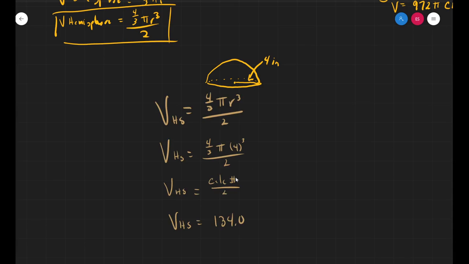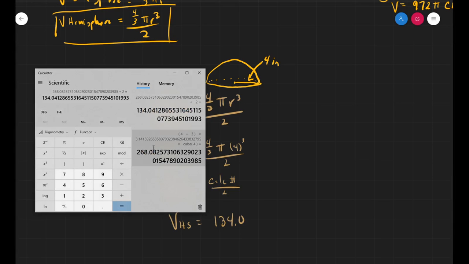Plugging in the things that we know, we're using our hemisphere equation this time, 4/3 pi r cubed over 2. I'm going to plug in 4 for my radius, so that's 4 over 3 times pi times 4 cubed over 2. I'm going to put the top into the calculator to make it easier. 4 over 3 times pi times 4 cubed gives us 268.08.